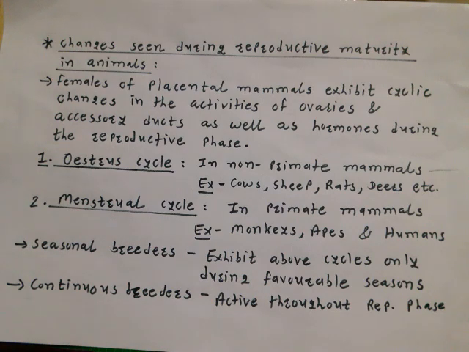This cycle is observed in primate mammals, which are monkeys, apes and humans. So, for the purpose of sexual reproduction, in females of placental animals, non-primates show the oestrus cycle and primates show the menstrual cycle.